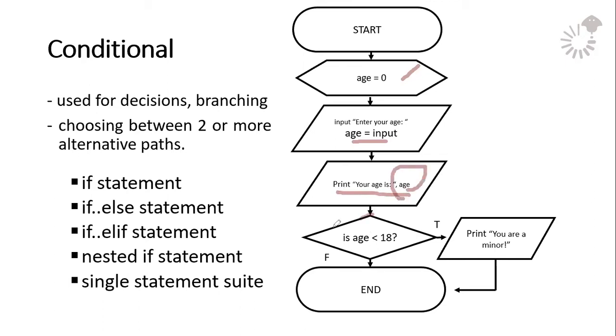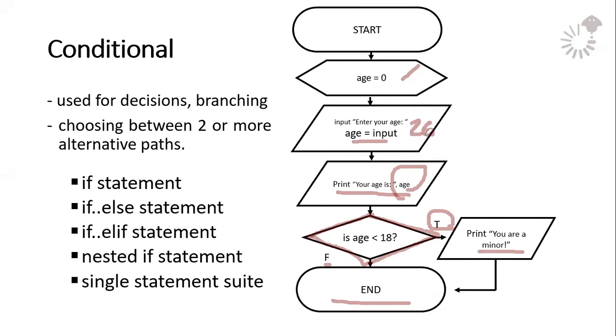And then we have here a decision, a question answerable by true or false. Is age less than 18? If it's true, you print you are minor. If it's false, no further instruction. That ends the program.